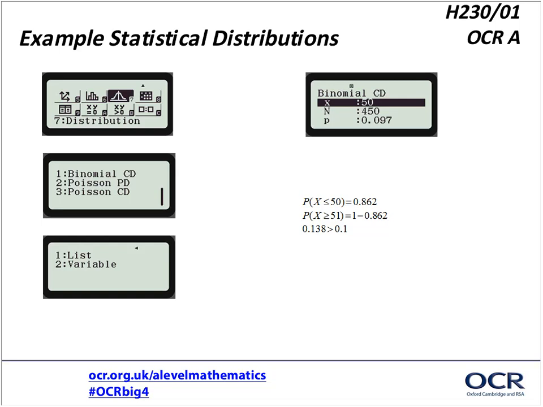So we're going to be looking for the fact that we can find 50 or less out of N 450 with the probability 0.097.